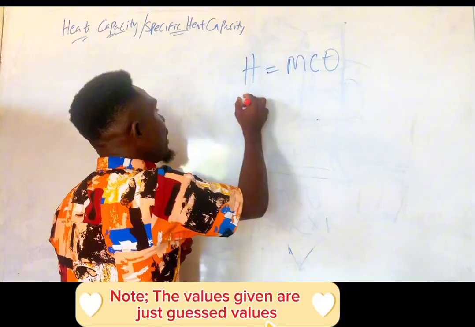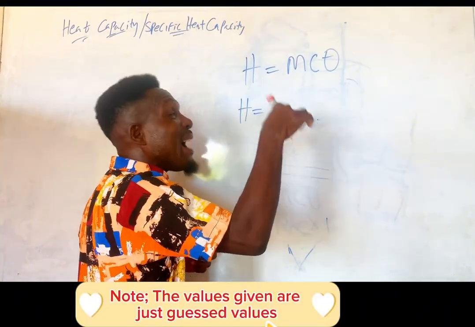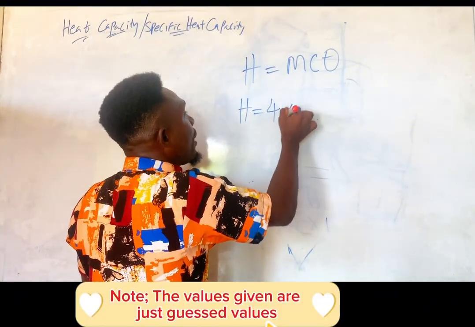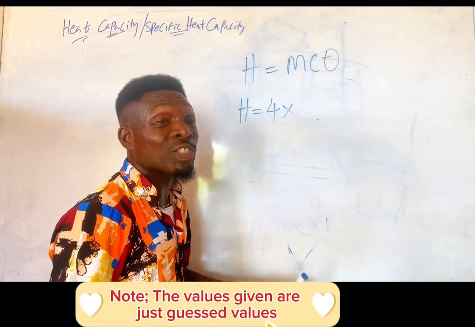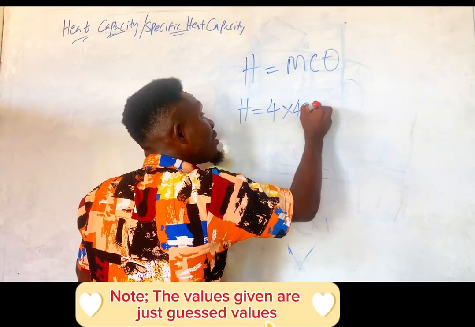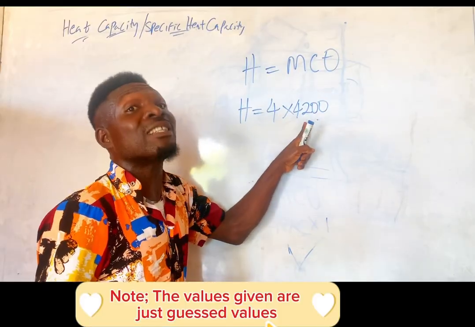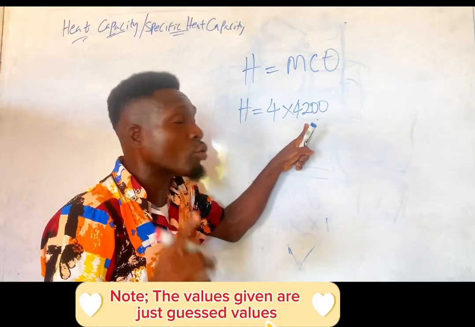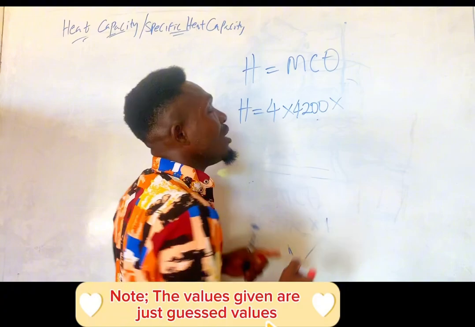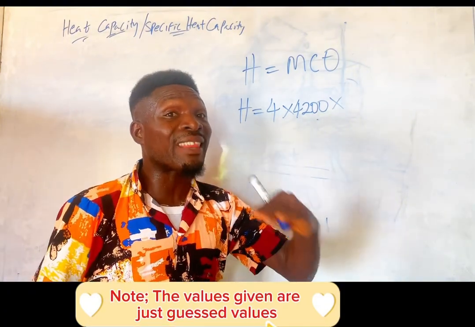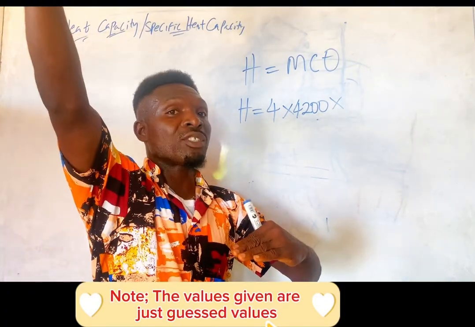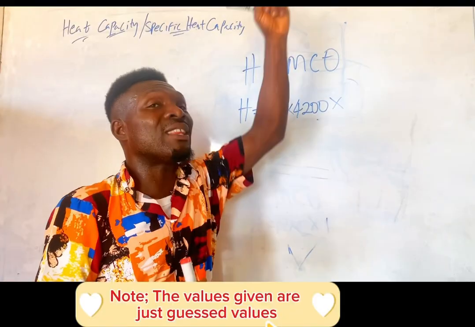Now we go. The heat required to raise it equals to the mass of the water, which is 4 kilograms, times the specific heat capacity of the water, which is what? 4,200. As long as you are given in kilogram, the specific heat capacity for water is 4,200. Then times the temperature. What was the temperature? From 10 degrees Celsius to what? To 40 degrees Celsius.